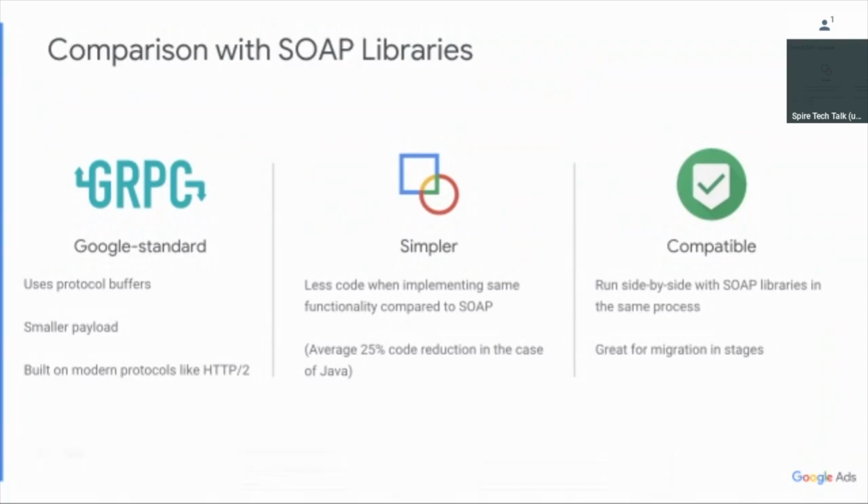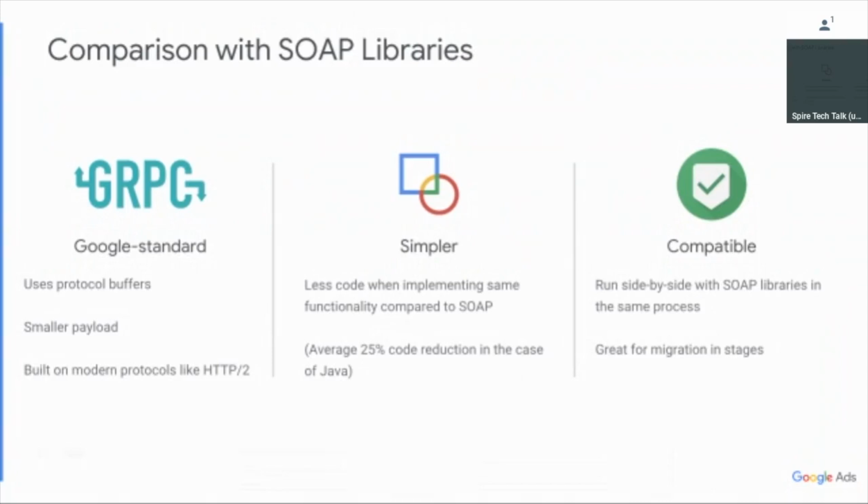For instance, we added support for iterators for paging, so you don't have to write code to page through everything. You just write a for each loop, and a lot of boilerplate code is taken care of for you. So this leads to a smaller amount of code. For instance, we see that our code examples in the Java library are generally around 25% smaller in terms of the lines of code.